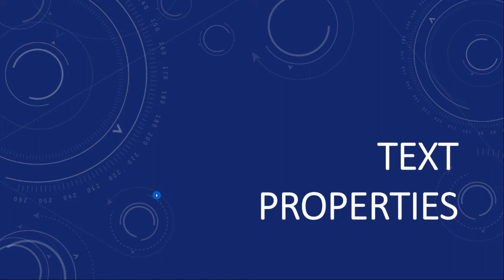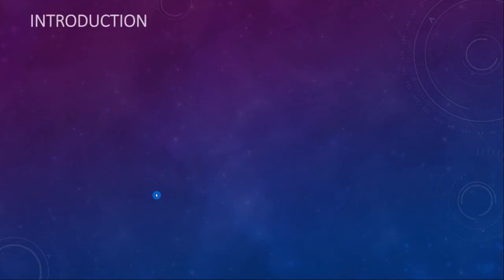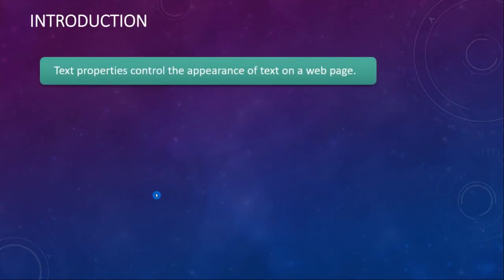All these things we have learned. Same here, when we use text properties, we are going to have the attributes of text, and how we are going to decorate the text is what we will see here. So text properties control the appearance of the text, how your text is going to appear in your web page. That is what you are going to learn here.